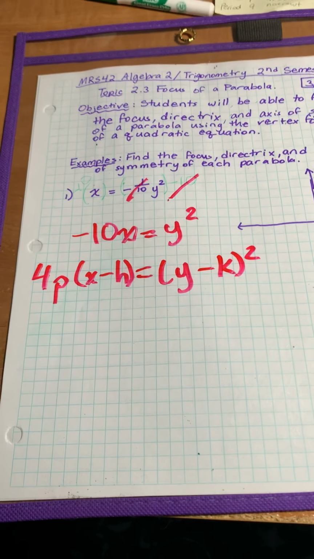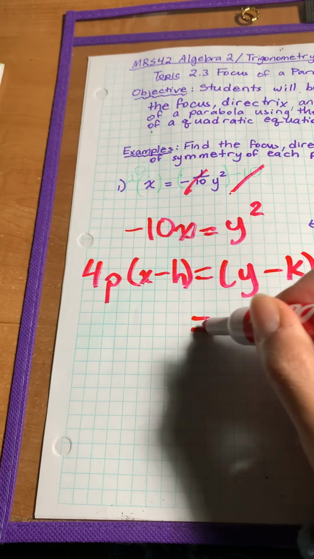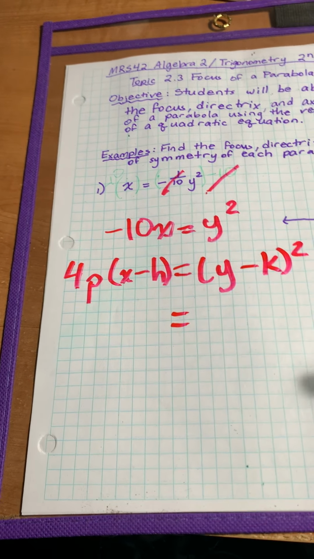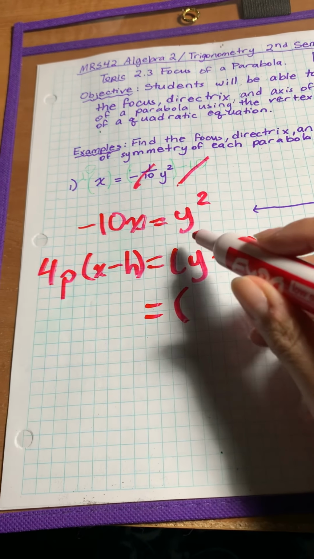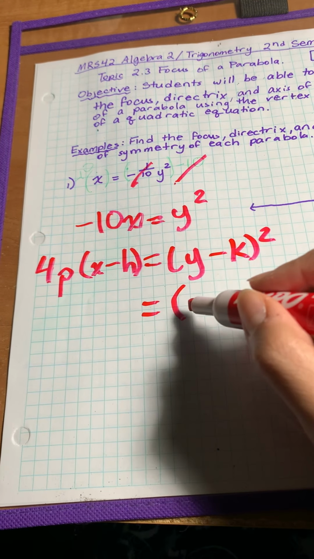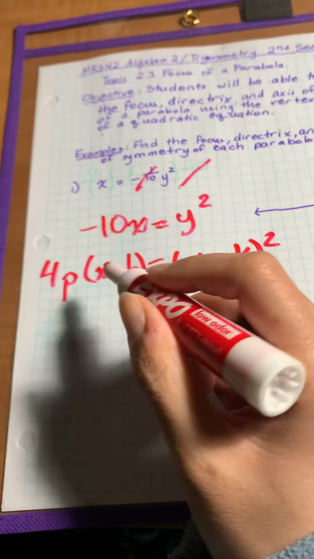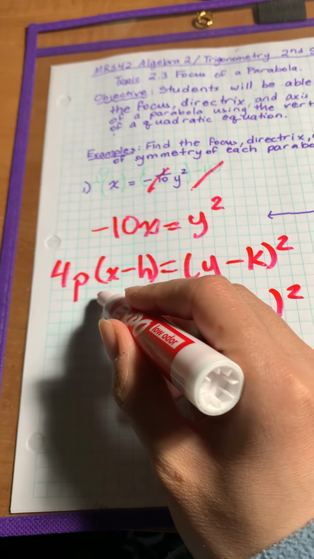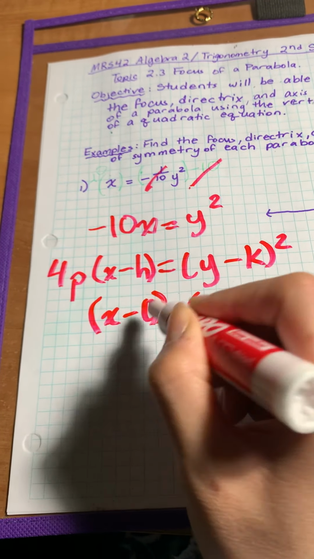So I just rewrote the form, and now I'm going to fill in my h and k. With my y squared, there's nothing being subtracted from it, so I'm just going to write y minus 0 squared. The same thing with the x: there's nothing being subtracted from it, so I'm just going to write x minus 0.